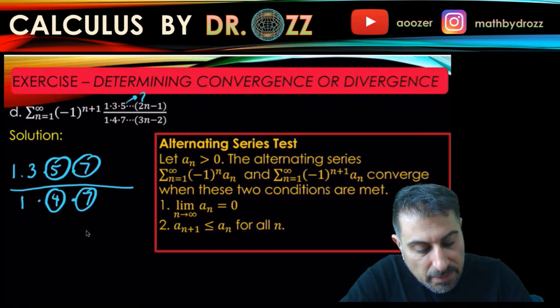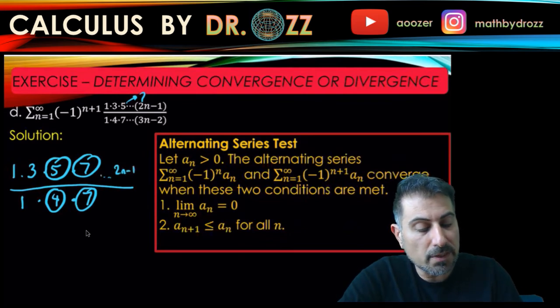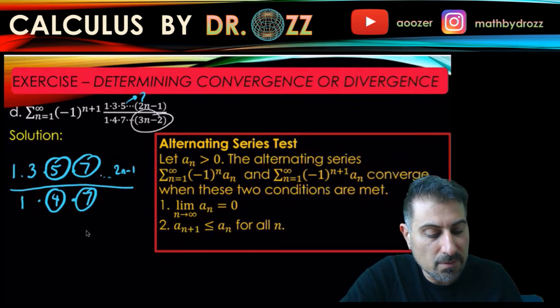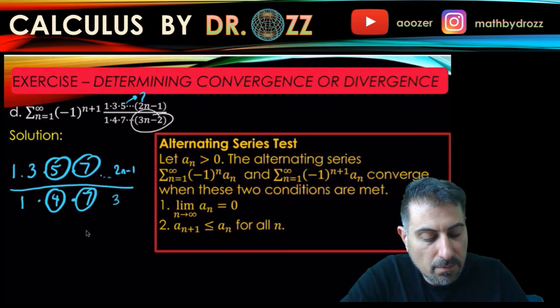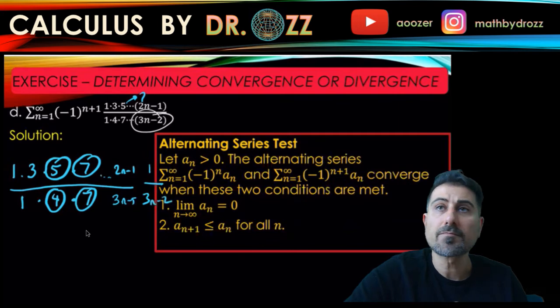So when you go all the way down here, the last term here is going to be matched to the one before this. What is that? Since the difference is 3 between each consecutive term, this should be 3n minus 5. And the last one is not going to be matched by anything, right? So 3n minus 2. Okay?